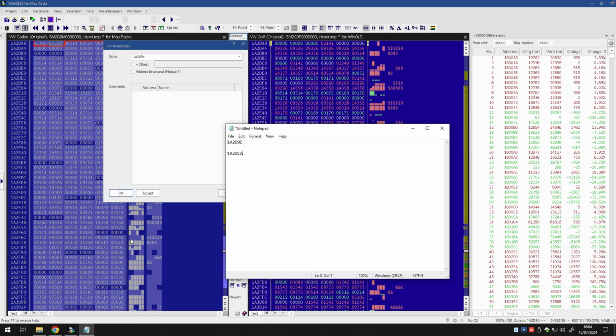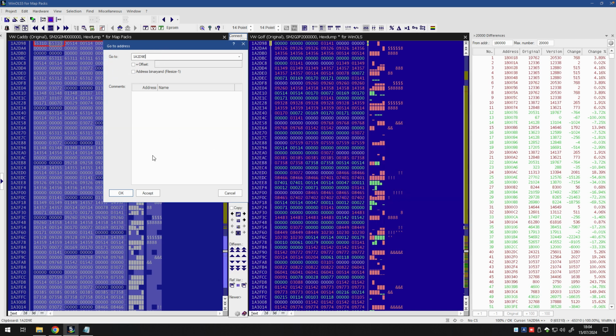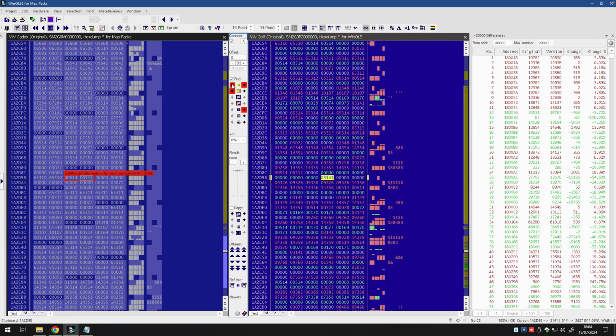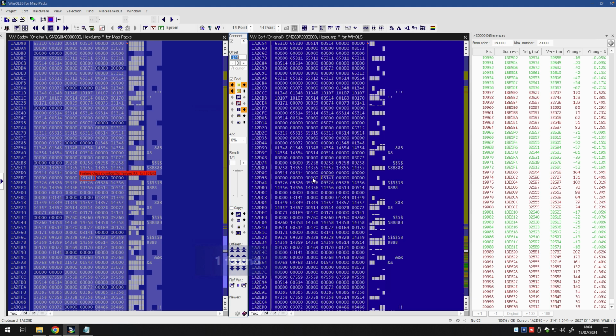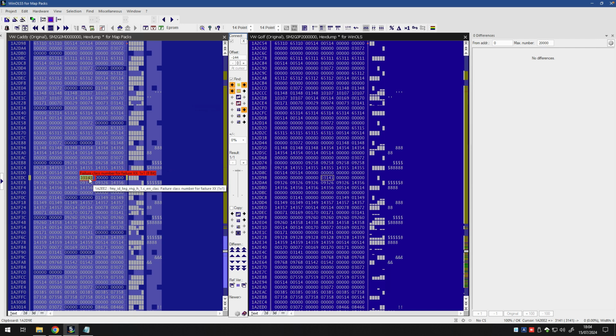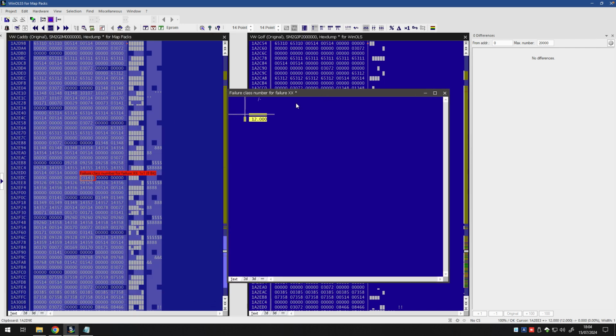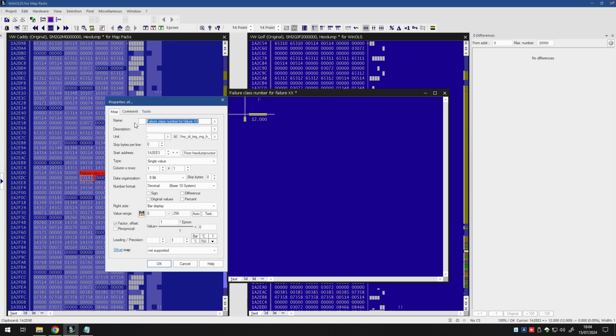If we go to the first address that was modified, we line these two up, we can see that this address that was modified is this one here, which is a failure class, so it's a fault code removal. And we can see that it was a failure class for this here.